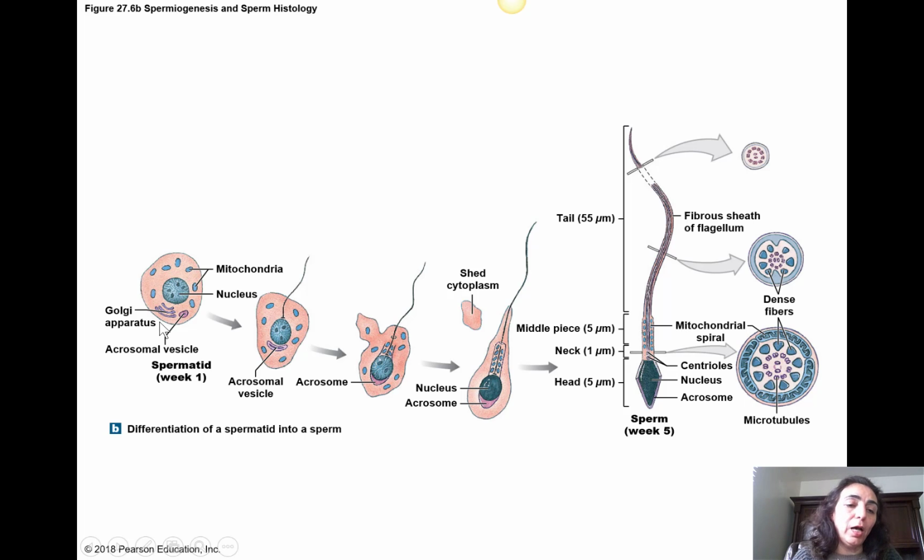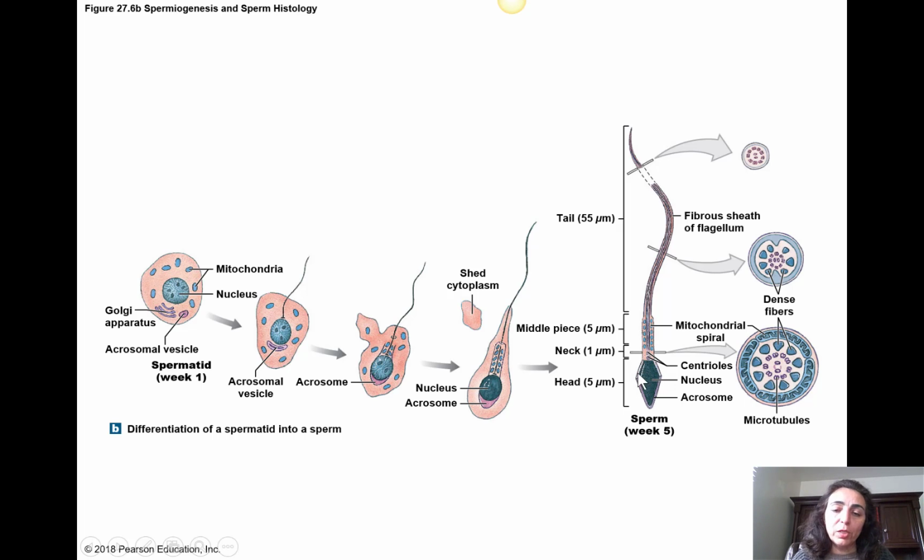So here you see how spermiogenesis is happening. This is the spermatid. You see it has a Golgi apparatus, a nucleus, mitochondria and some vesicles here. Now it shows how these acrosomal vesicles go toward one end, how it loses some of the cytoplasm, shedding cytoplasm, becomes slimmer, and then this flagellum is forming, and at the end you have this mature sperm with all these parts.